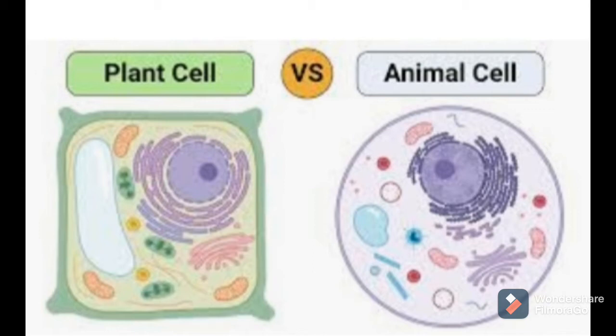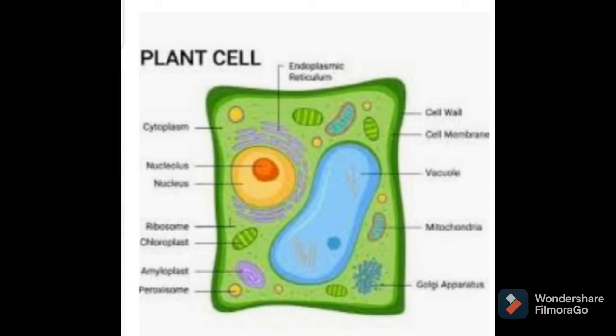Lysosomes are mainly present in animal cells, and they behave like a disposal system for the animal cell. In plant cells mostly lysosomes are absent. So vacuoles perform the function of lysosomes in plant cells, because vacuoles also contain hydrolytic enzymes, and these enzymes help to dispose of waste material in the plant cell.